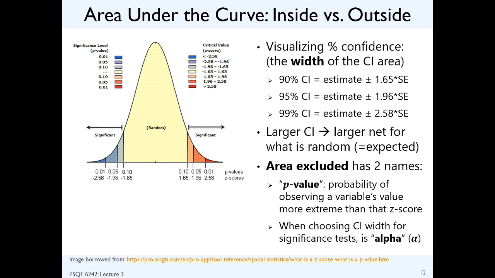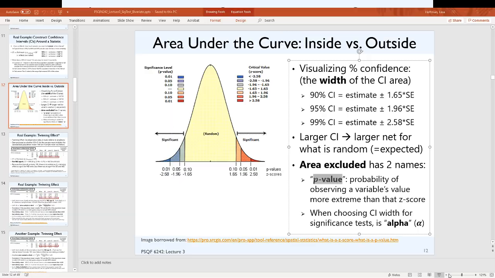If the true mean education was 12 and we got a 13.8, that's way out here. There's not a lot of times where we would see a sample mean of 13.8 if the population mean were 12. So it's in aberrant land.